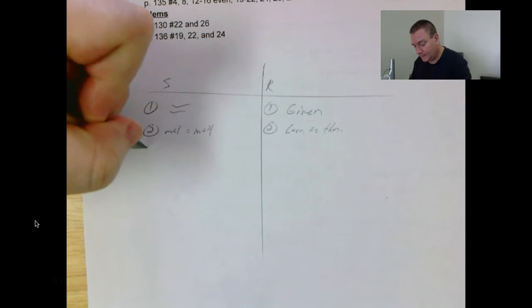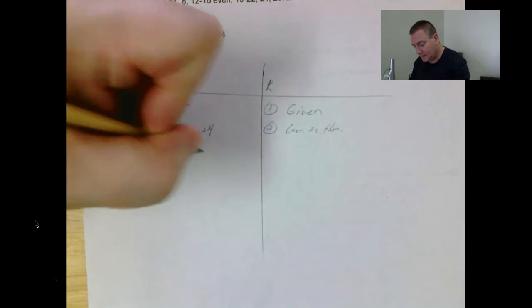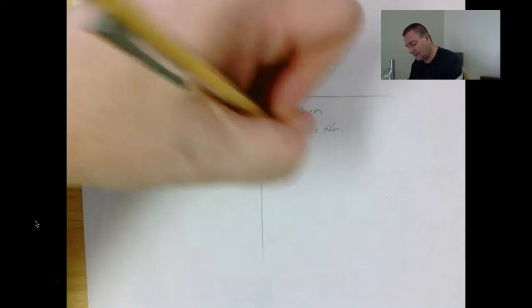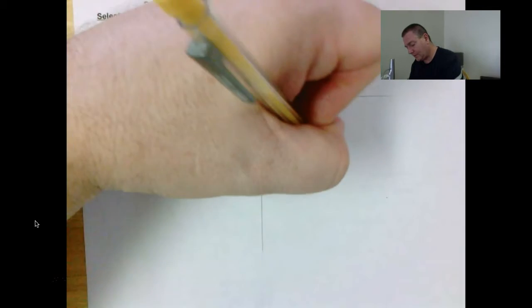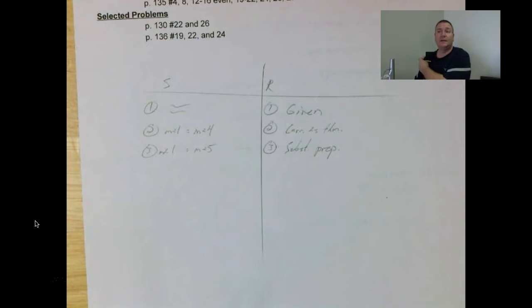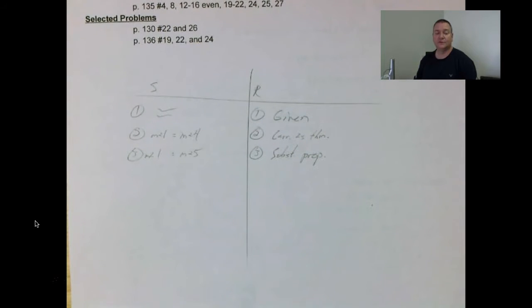So, statement 3. Measure of angle 1 equals the measure of angle 5. Substitution property of equality. If you wrote transitive property of equality, that's not wrong. I prefer substitution for measures of equal angles.